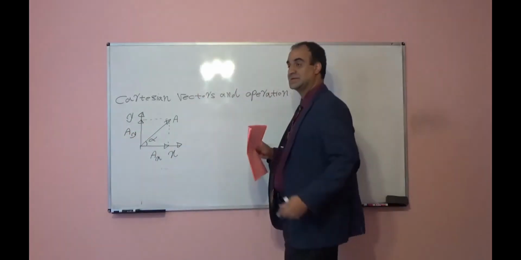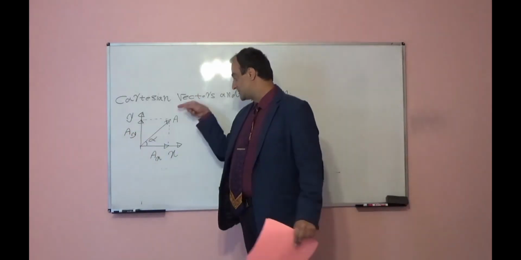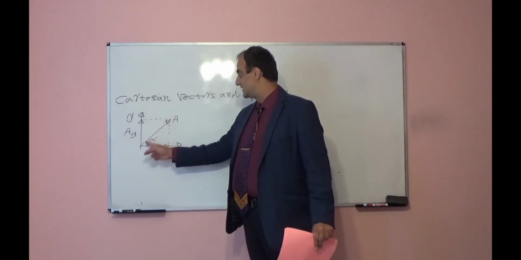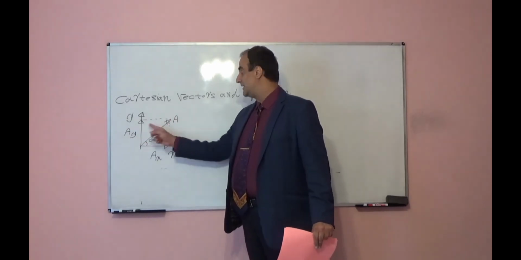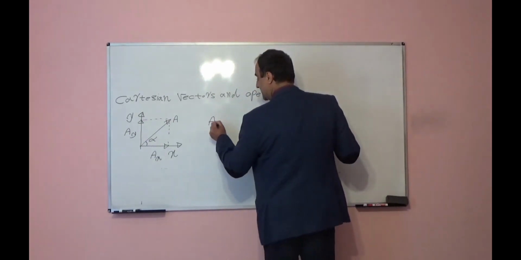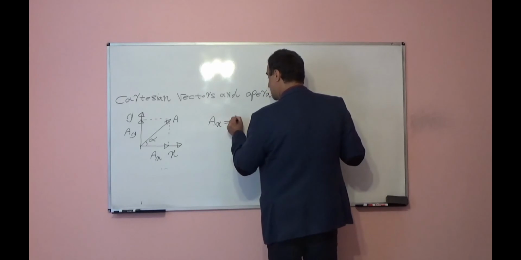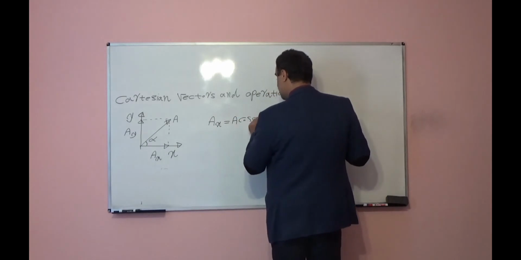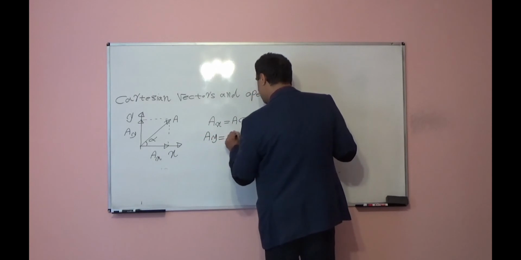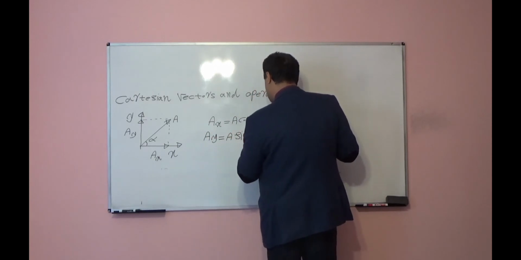Ax means we decompose vector A in the x direction. Ay means we decompose vector A in the y direction. Here Ax magnitude will be A cosine alpha and Ay will be equal to A sine alpha.